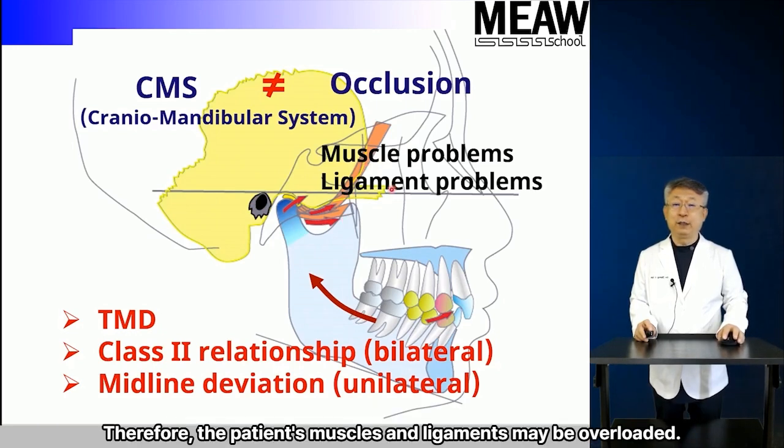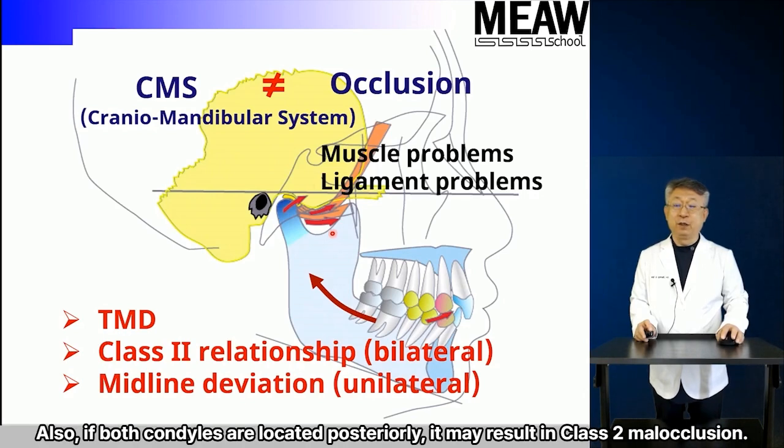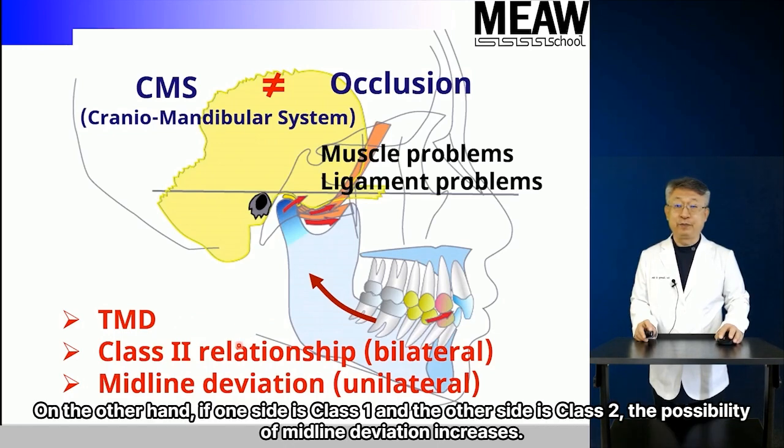Therefore, the patient's muscles and ligaments may be overloaded. Also, if both condyles are located posteriorly, it may result in Class II malocclusion. On the other hand, if one side is Class I and the other side is Class II, the possibility of midline deviation increases.